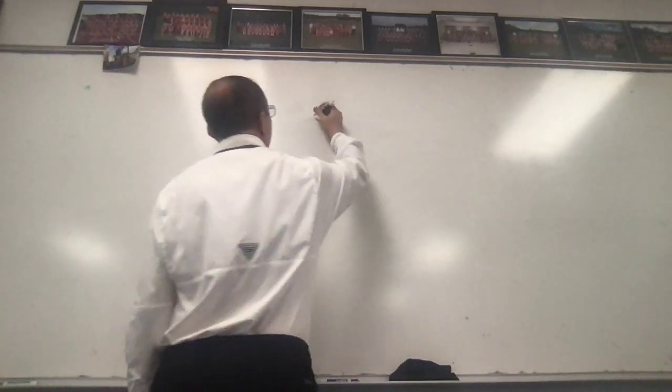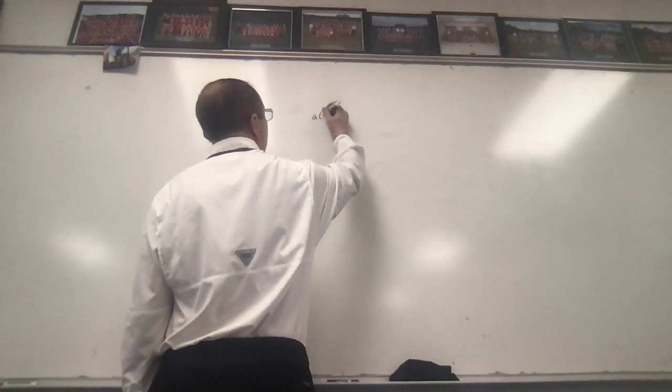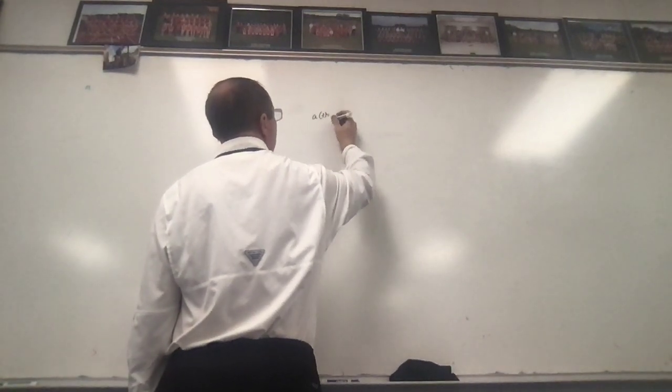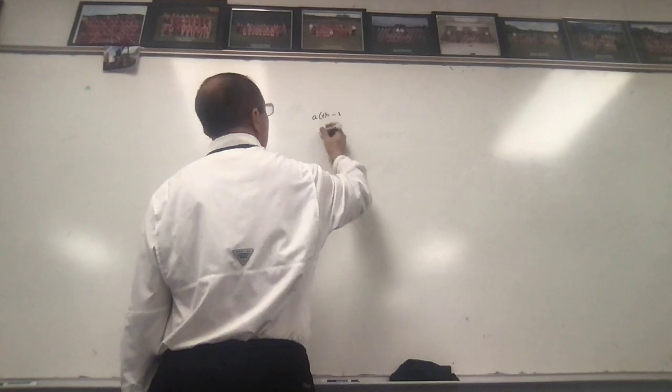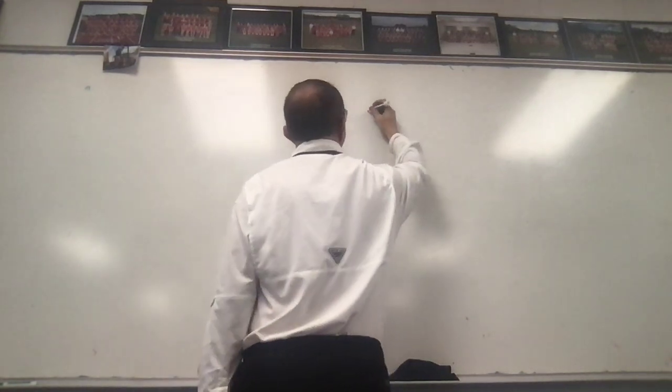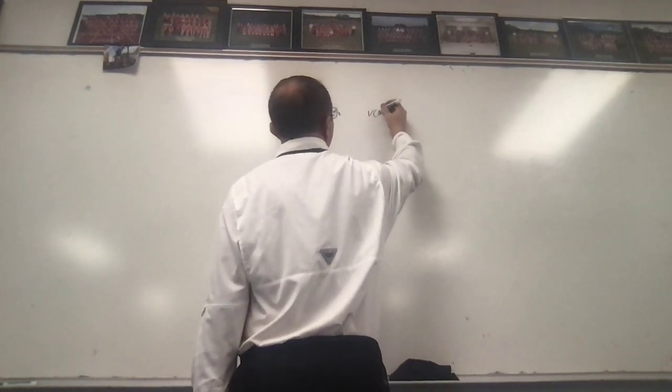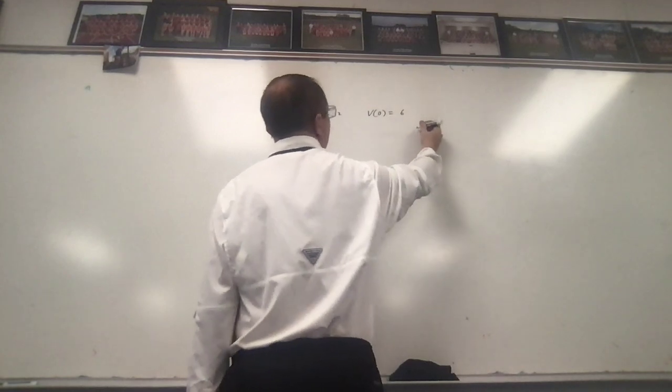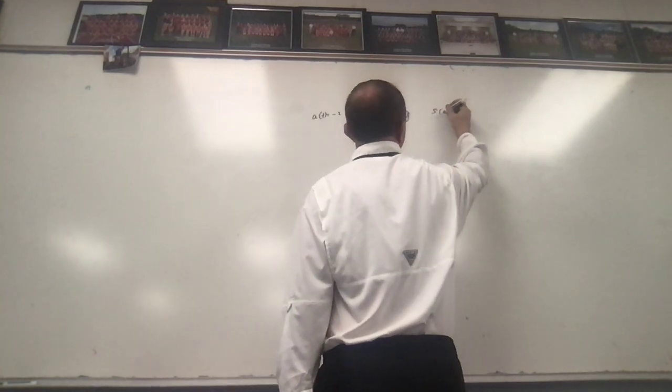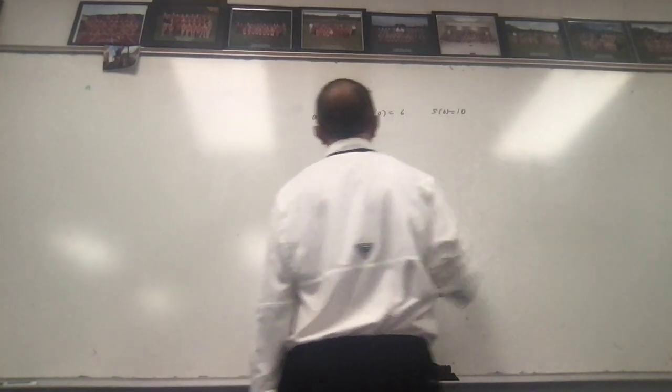So, what is this equation? A of t equals what? -2. All right, what else do they give us? V of 0 equals 6. And S of 0 equals 10. All right.